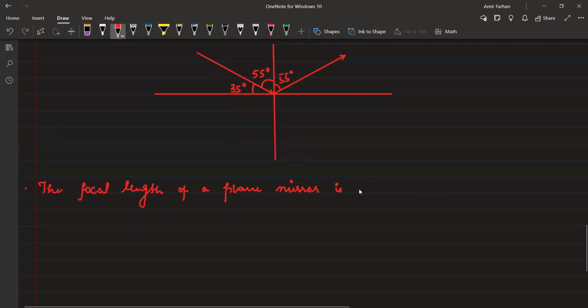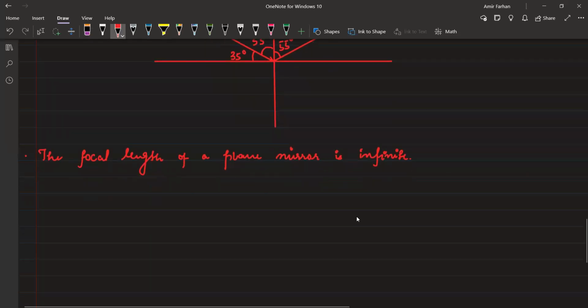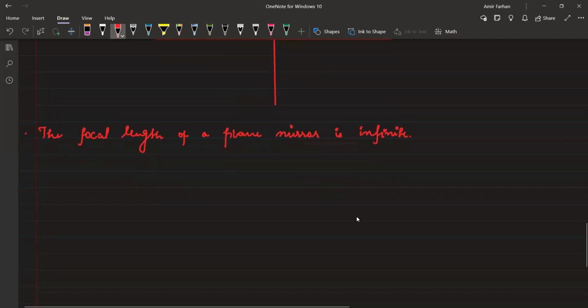Okay, now tell me, why is the focal length of a plane mirror infinite? Can anybody tell me? Does anybody have any idea in this context? Any answer? I'm not saying that you have to give the proper answer, but it can be anything at least.